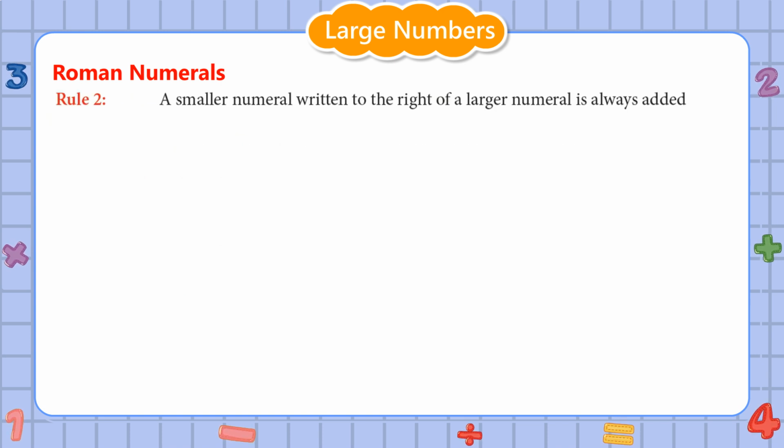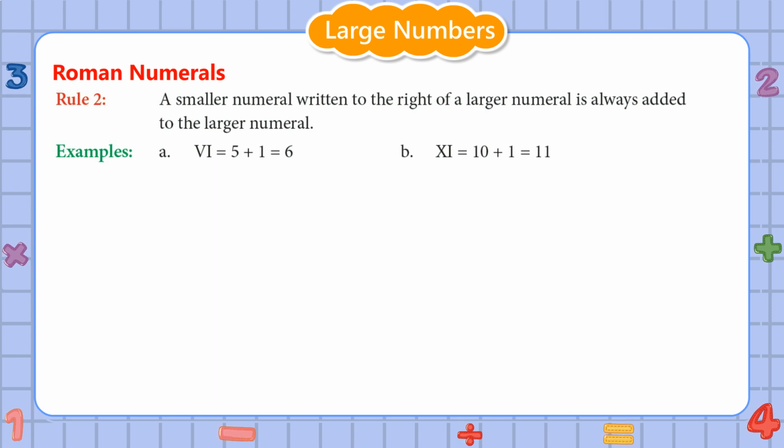Rule 2. A smaller numeral written to the right of a larger numeral is always added to the larger numeral. Examples. A. VI is equal to 5 plus 1 is equal to 6.